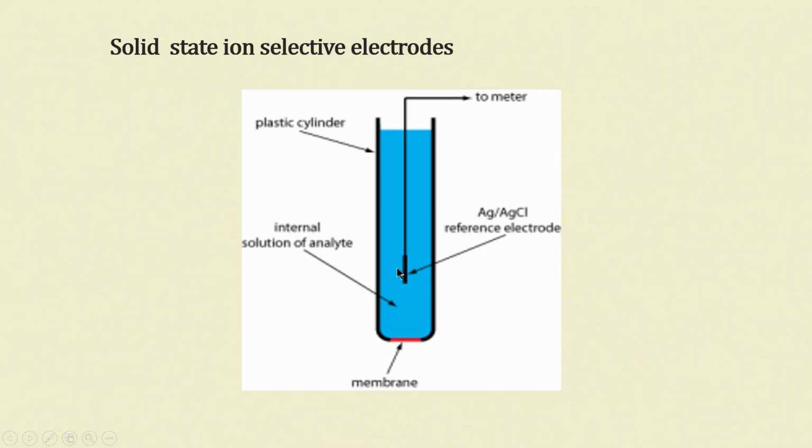This is an internal solution of the analyte, this is a silver chloride reference electrode, and this is a small plastic cylinder. The whole thing looks like an electrode and is sealed, and then it goes to the meter, and we have one more connection for the measurement, completing the circuit.